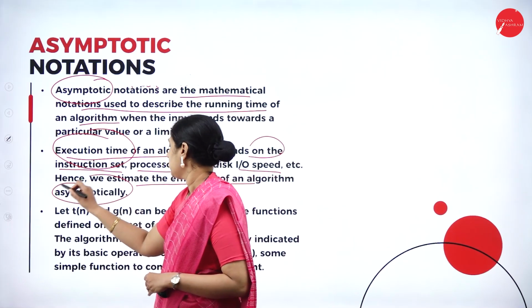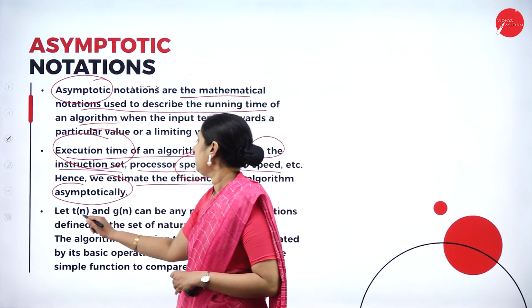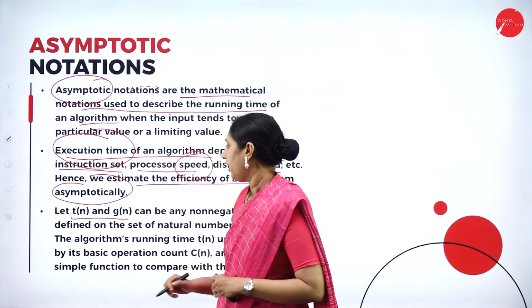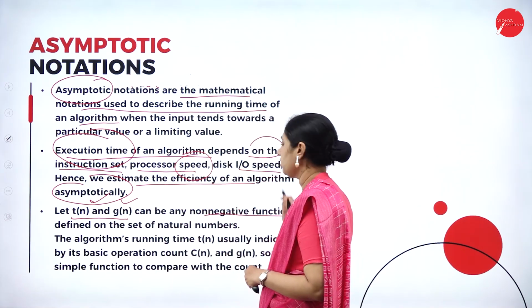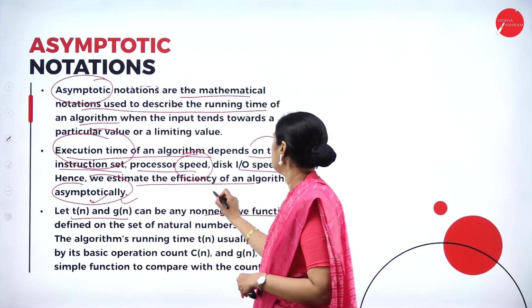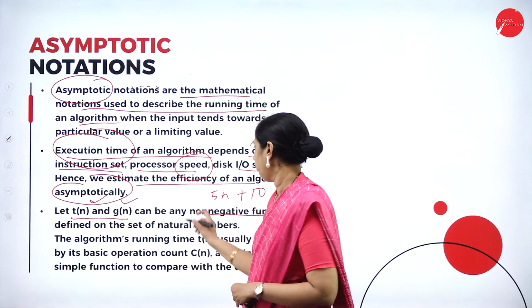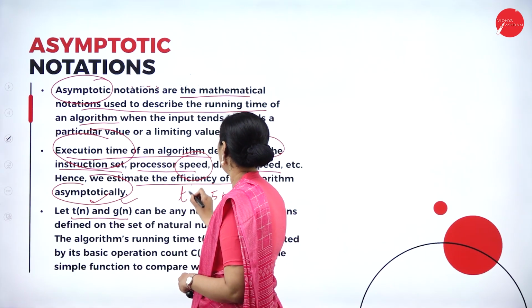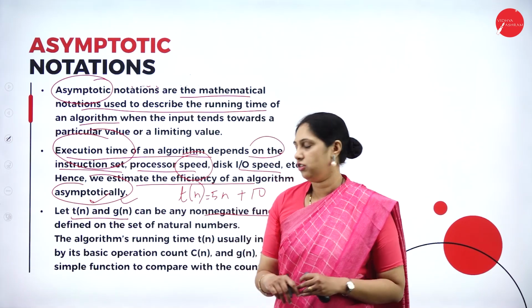Okay. Next, how to derive an equation? Suppose I take T of n and G of n, it is any non-negative function. It is a function, but it is non-negative. Say I can say any function, say phi n plus 10. Okay, this is also a function. I'll denote it as T of n. It should be a non-negative function.